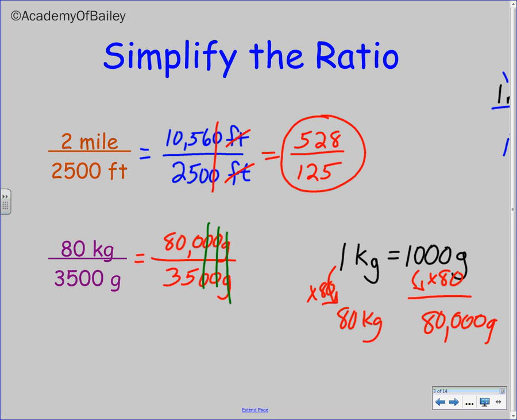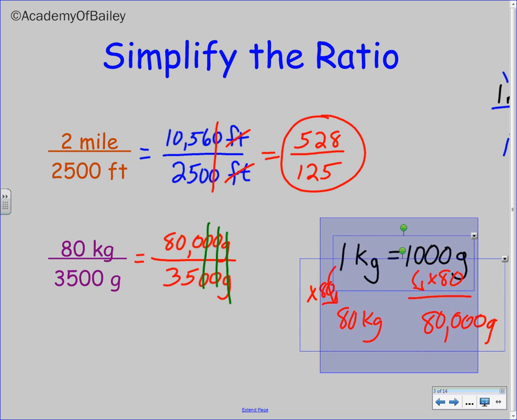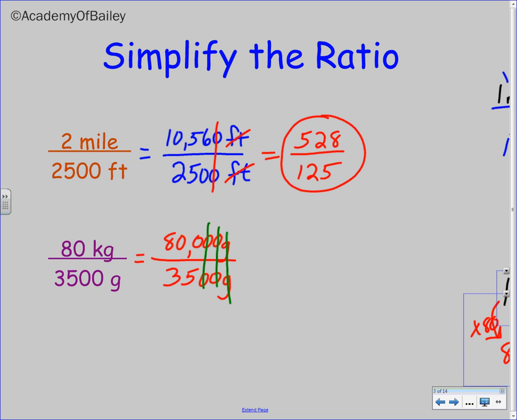2 zeros on the right, which would be like dividing by 100. So right now I'm left with 800 divided by 35. How about 5? Let's just go with 5. 35 divided by 5 is 7. 800 divided by 5 is 160.